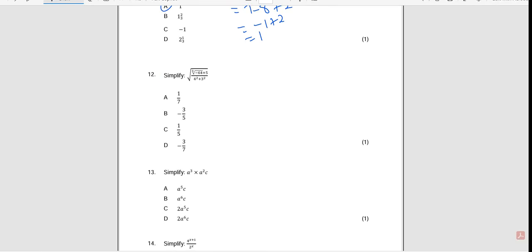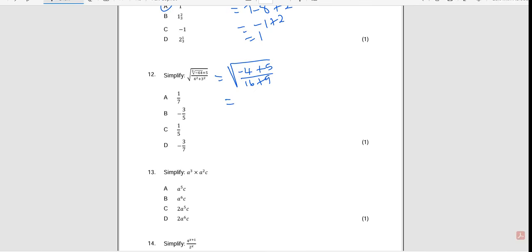Okay, let's move to number 12, simplify. Even here you can simply use your calculators. The cube root of -64 is -4, plus 5. 4 to the exponent of 2 is going to be 16. 3 to the exponent of 2 is going to be 9.